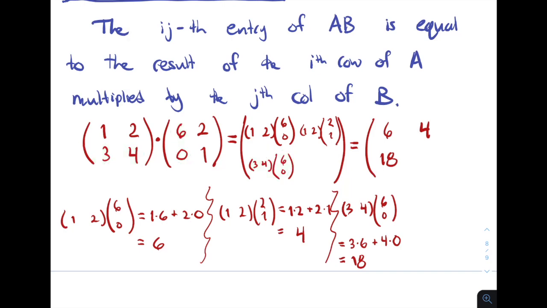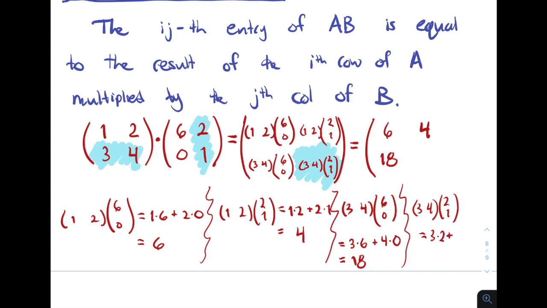Finally, the last element we have to look at is the thing that lives in the second row and second column. So we'll be using the second row and the second column. 3, 4 times 2, 1 will be 3 times 2 plus 4 times 1, which will equal 10.